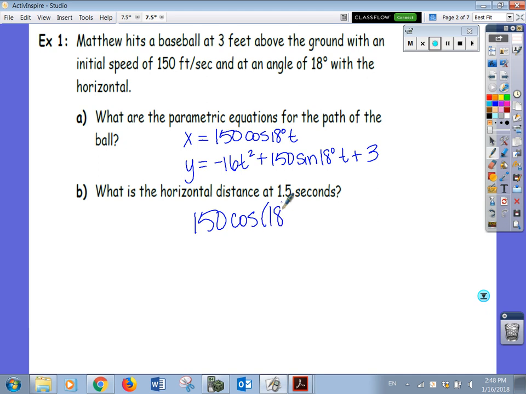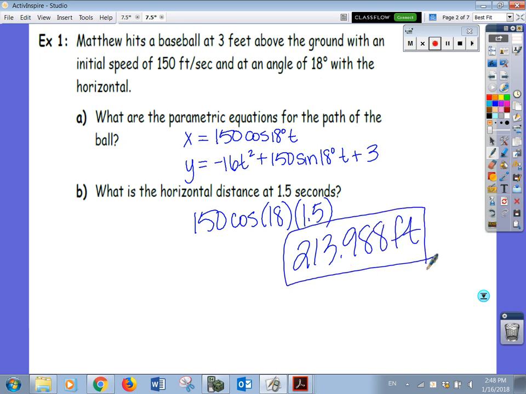Now it's going to open the parentheses, so be sure you close it before you multiply by that 1.5. When you do that, you should get 213.988 feet. And all it says is horizontal distance, so we don't have to specify. If we want to be more specific, we could say feet away.